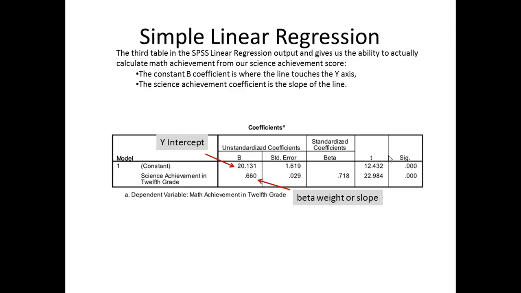The third chart is going to be our coefficients, what we can use to plug into an equation where one predicts the other. Remember, y prime is equal to beta times x plus the y-intercept. So here's our beta, here's our y-intercept. This is probably one of the most important pieces to remember as you begin to interpret your regression output.